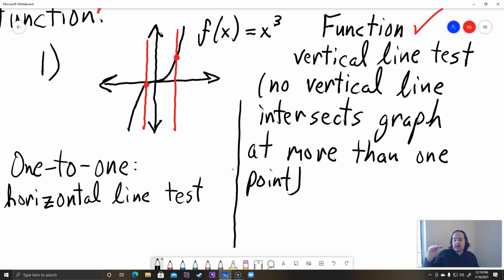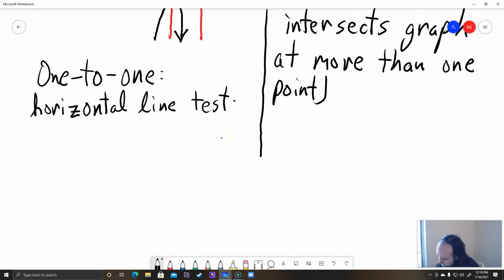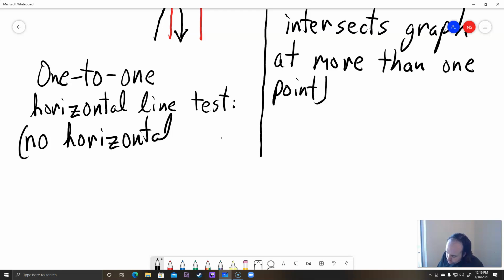No horizontal line may intersect the graph at more than one point. So the horizontal line test says no horizontal line intersects the graph at more than one point.